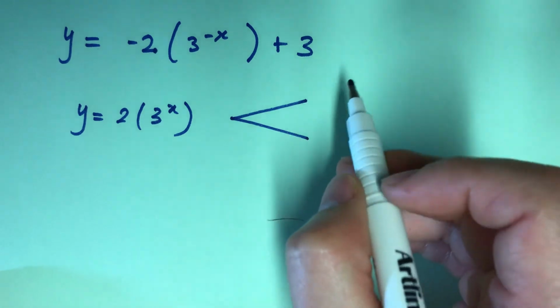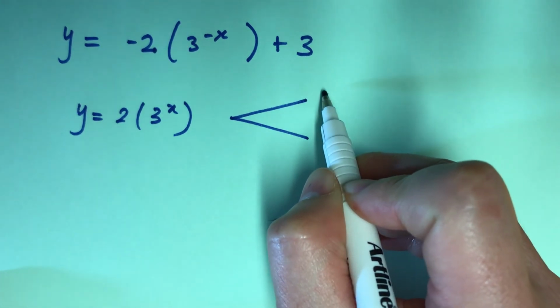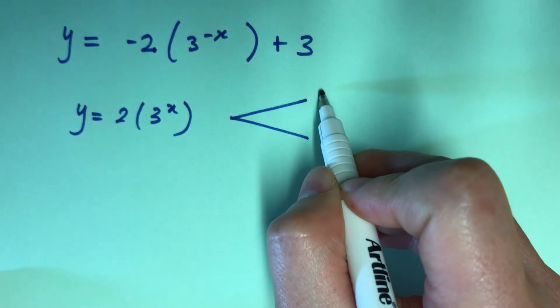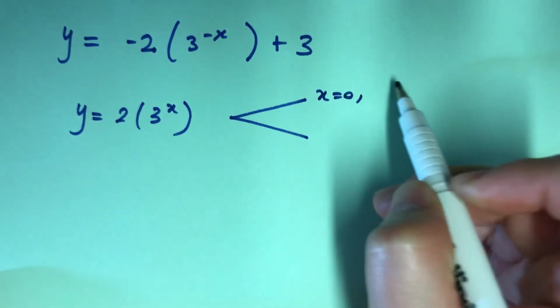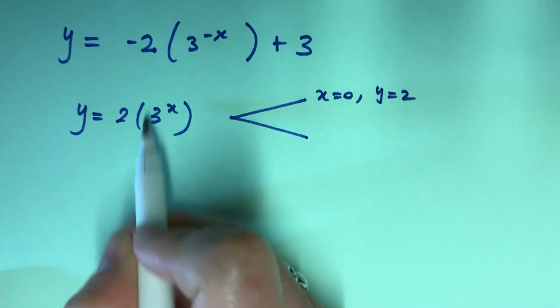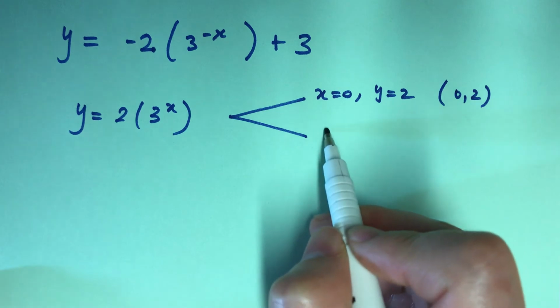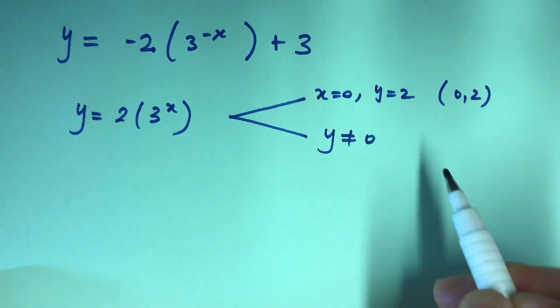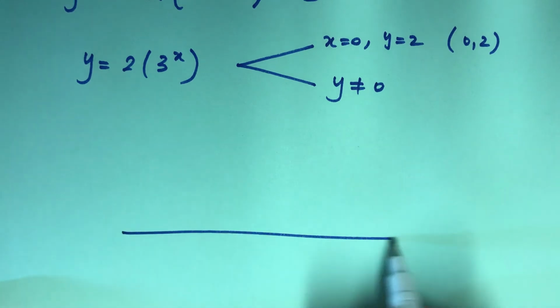For my x-intercept, when y equals 0, oh no, I'm going to do the y-intercept first, that'll be easier. So when x equals 0, I'll get y equals 2, so it'll be 0 and 2. And then y cannot be 0, so that's my asymptote.